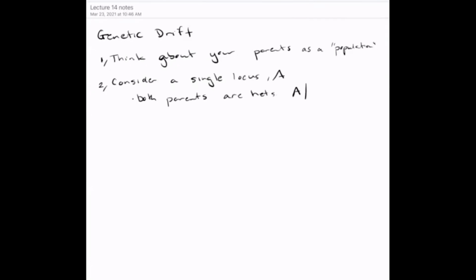So they are big A, little a, okay? So dad is big A, little a, mom is big A, little a, and therefore, when we compute the allele frequencies, we say P equals Q equals 0.5 in this case, okay? Because we have two big A alleles in our population and two little a alleles.